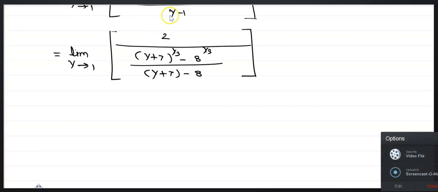Now here y minus 1 can be written as 2 upon (y plus 7) raised to 1 upon 3 minus 8 raised to 1 upon 3 upon (y plus 7) complete minus 8.